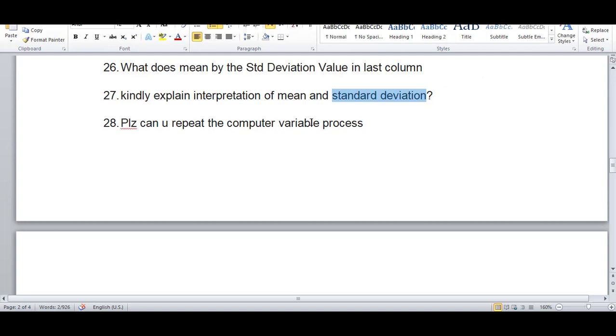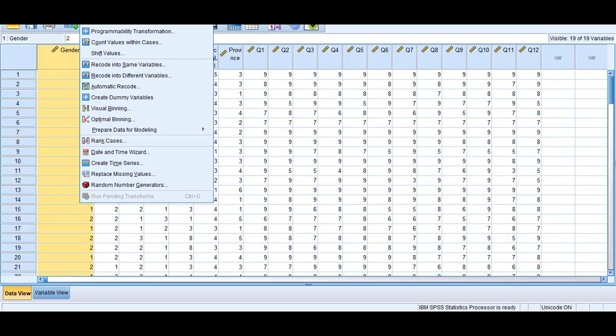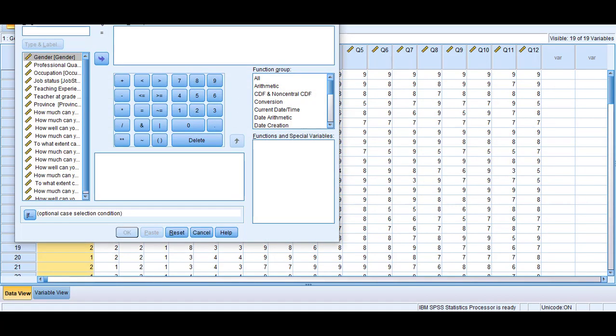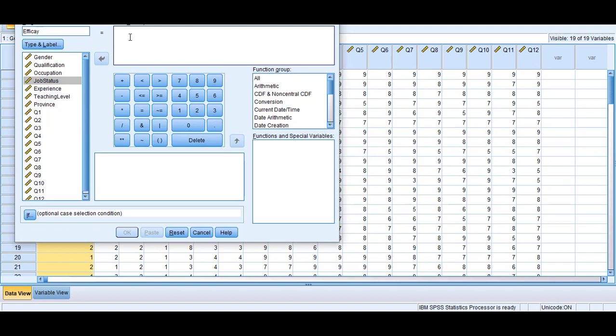Please can you repeat the compute variable process? So in compute variable, we go to Transform, Compute Variable, and for example, I make an efficacy variable. I want to make an average of question number 1 plus question number 2, question number 3, question number 4, question number 5, divided by 5. For example, these 5 items make an efficacy scale.